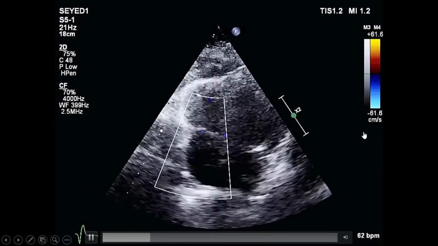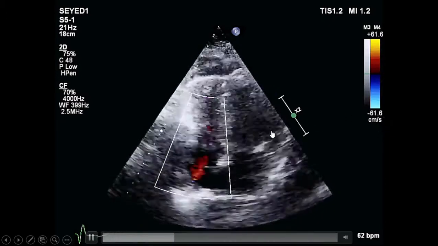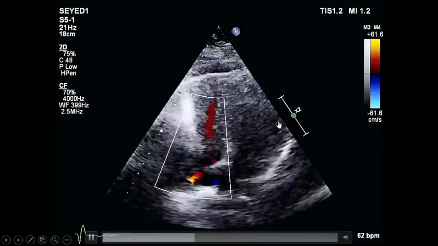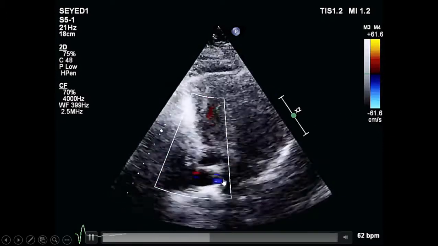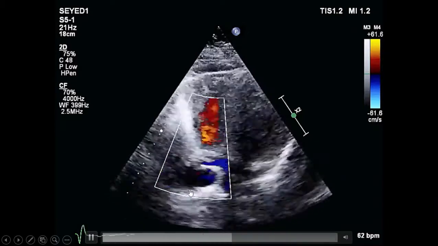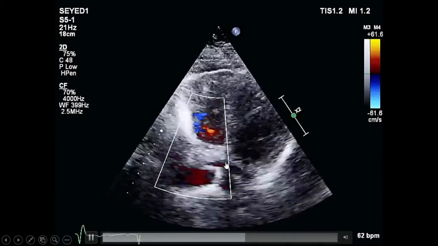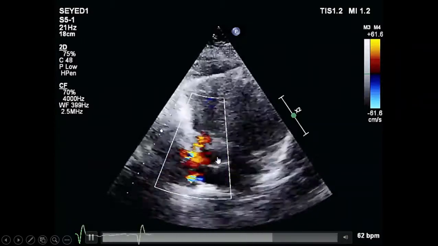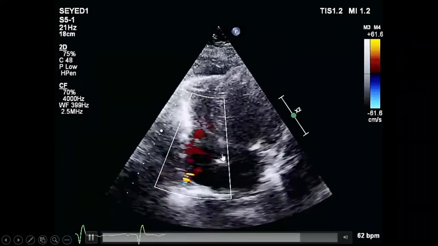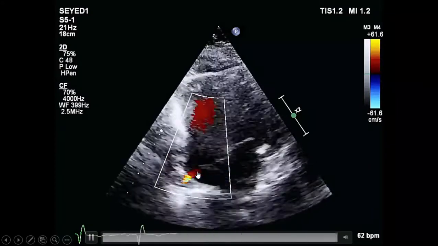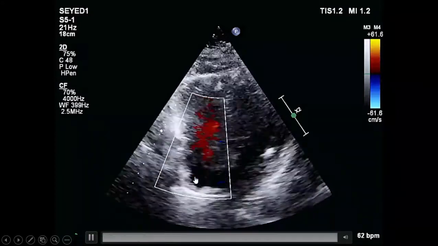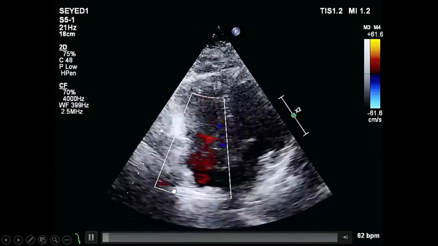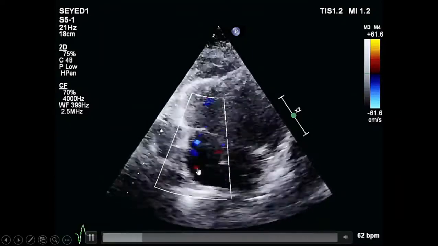The last thing I would like to mention about the apical window is the superior vena cava entrance to the right atrium. If you angle basal, a little, sometimes basal here, this is the entrance of the SVC to the right atrium.